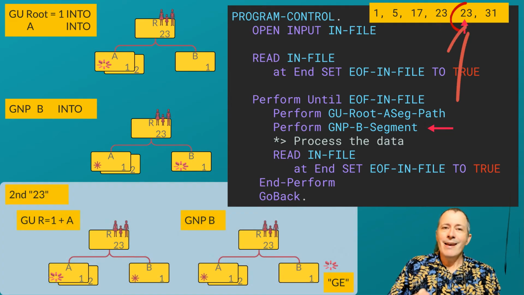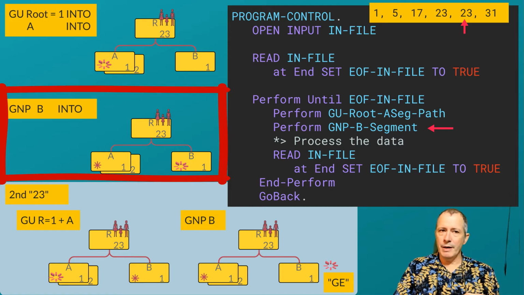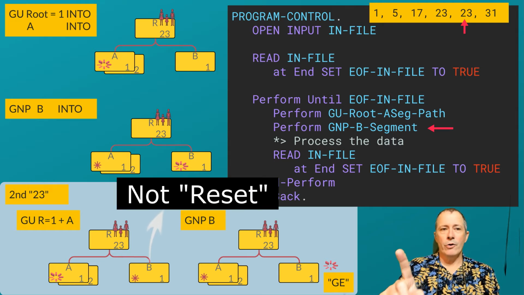The program reads the next input record, which is the record for the second occurrence of key 23. Remember, there are already positions on the PCB for root 23 because of the prior record. The get unique call puts the parent on root 23 and returns data for the root segment and segment A with a key of 1. The current position is on A1 and a non-current position is on B1.